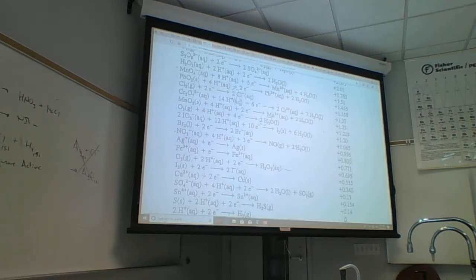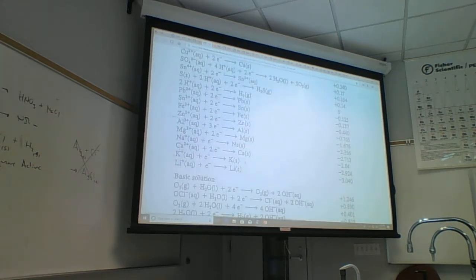Cl minus, reducer. Na plus, oxidizer. Nitrate.